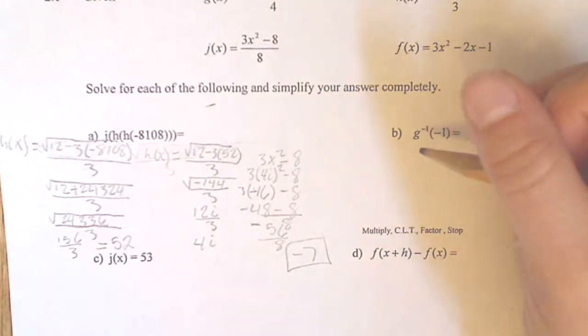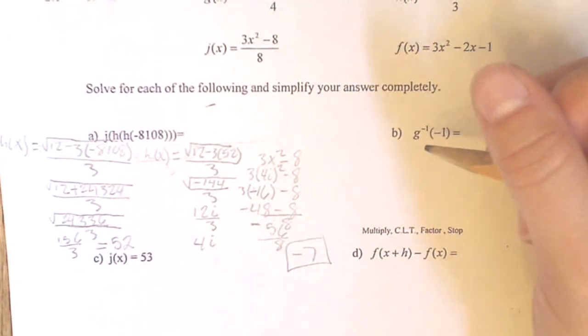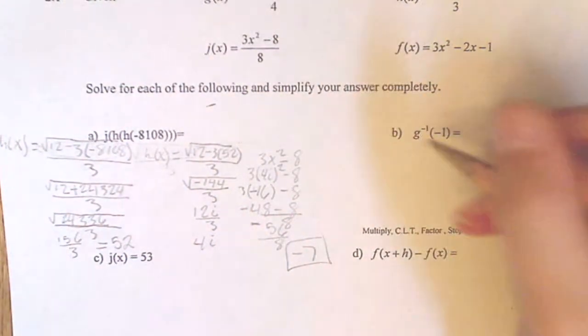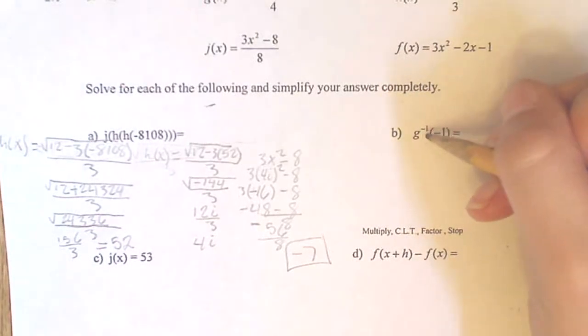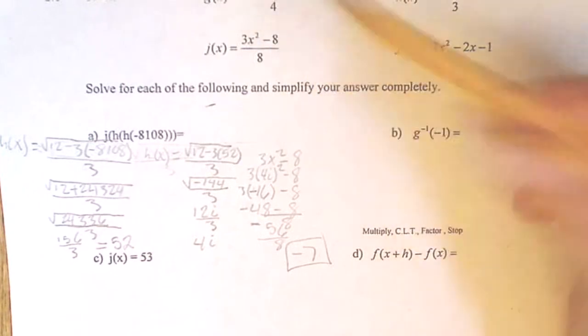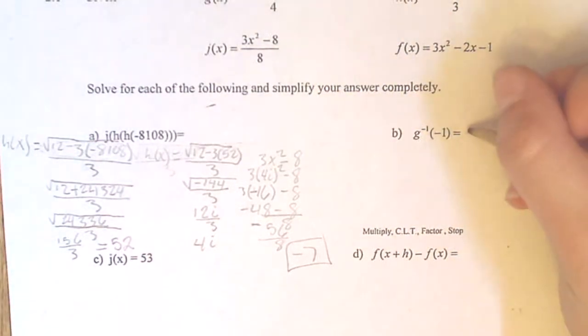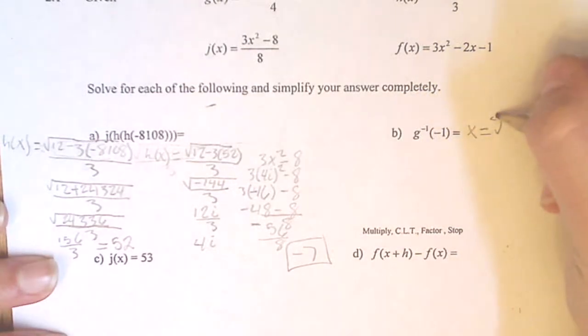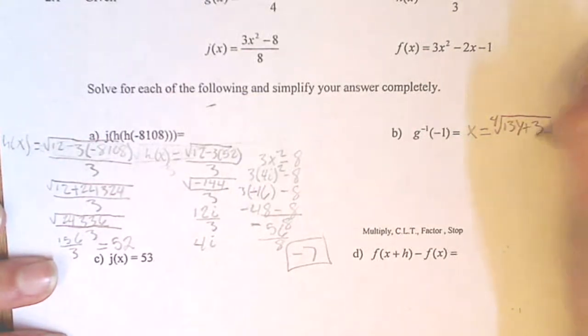Now, for 2.1b, when you have it to the negative 1, it just means that you switch the x and y's. So for the equation g of x, since g of x stands for y, you're going to make x equals the fourth root of 13y plus 3, minus 1, all over 4.